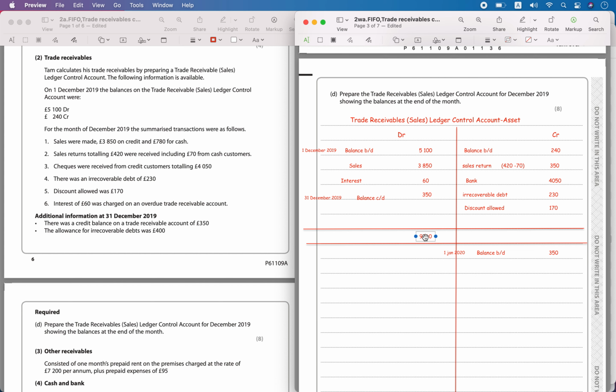So let's place a balancing figure here. When I take 9,360 minus 240 plus 350 plus 4,050 plus 230 plus 170, that is 4,320. So that balance is missing here.